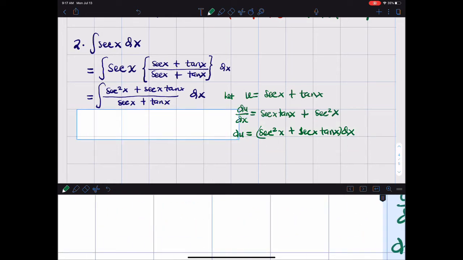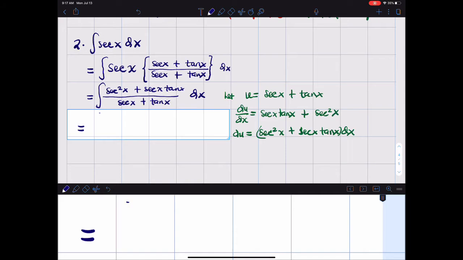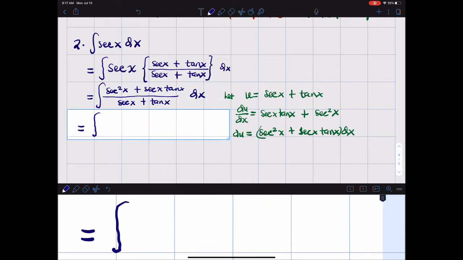So this will definitely allow us to write the numerator, which is secant squared of x plus secant x tangent x dx. We can just put du there, so we just have du all over u.